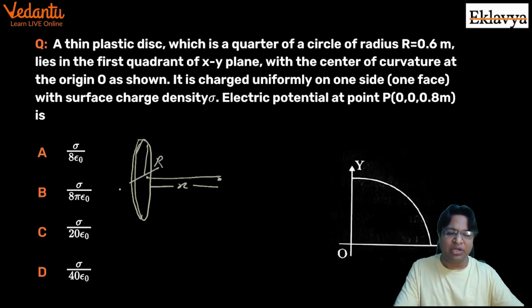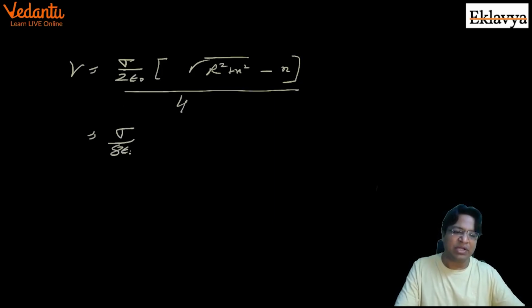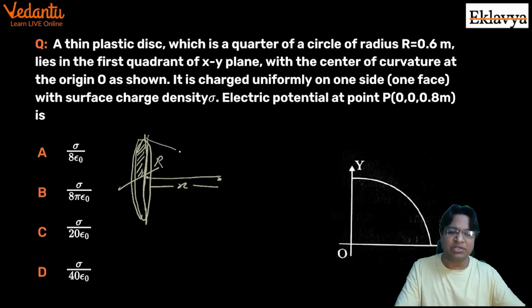Here we have only a quarter of a disk. So first of all, understand that every quarter contributes equally. So if we have only one quarter, then the formula will become 1 by 4 of this. So sigma by 8 epsilon naught, and then this root of x square plus r square is actually this distance.